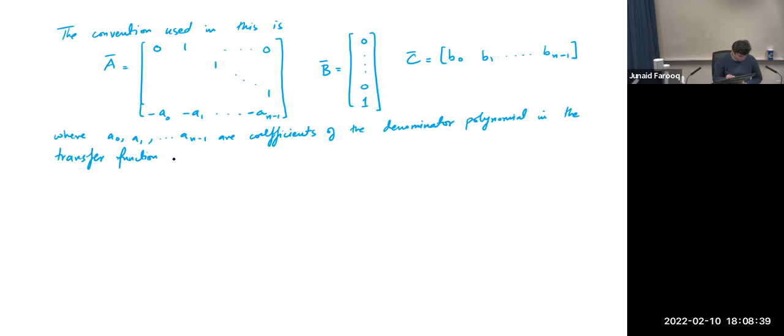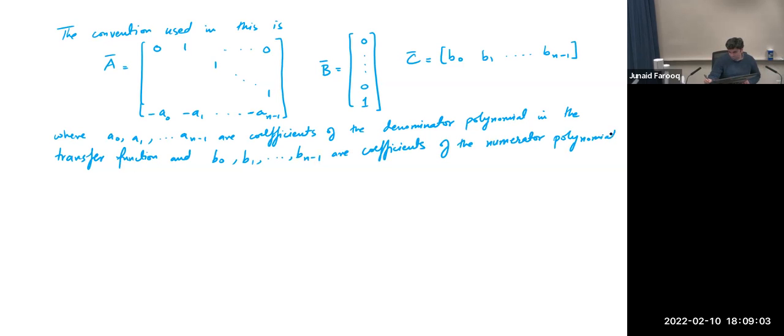And B0, B1, all the way to B(n minus 1) are the coefficients of the numerator polynomial in the transfer function.